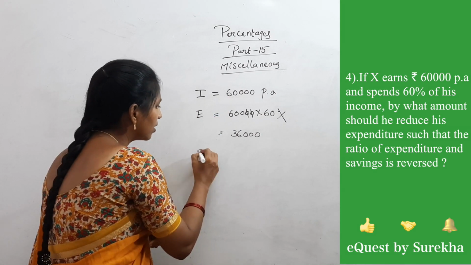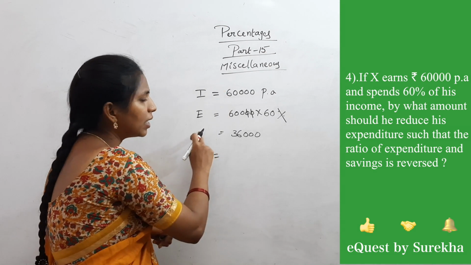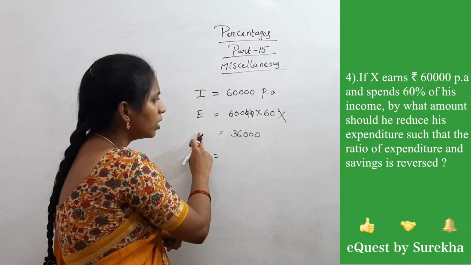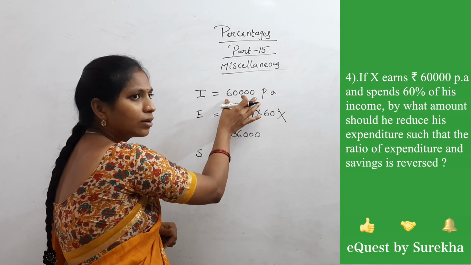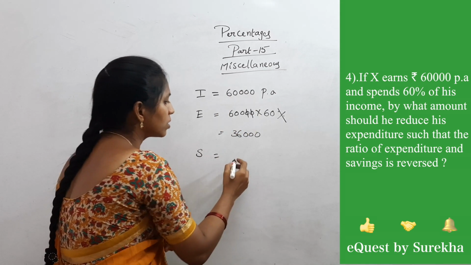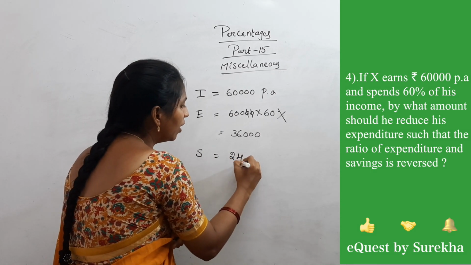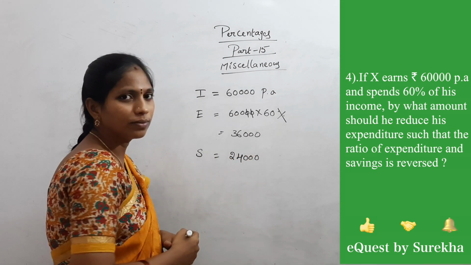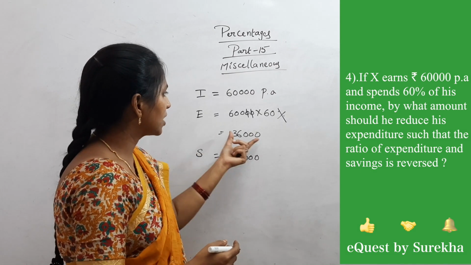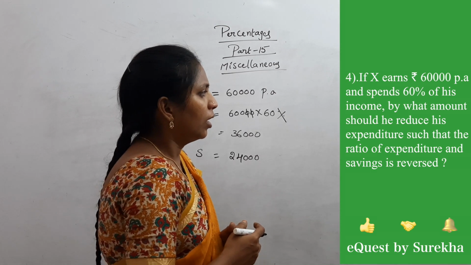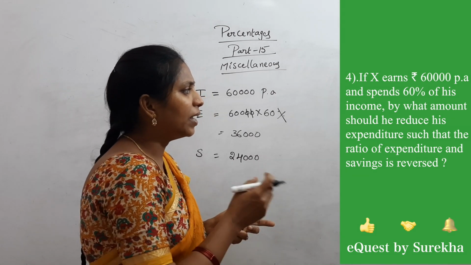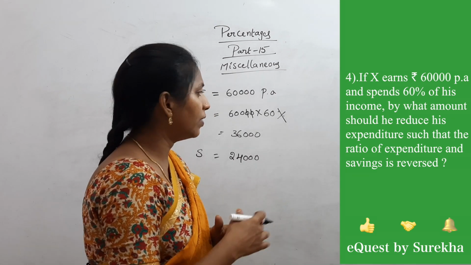So savings equal to income minus expenditure. 60,000 minus 36,000, what is the amount? 24,000. Savings, expenditure and income. See the question. Such that the ratio of expenditure and savings is reversed.